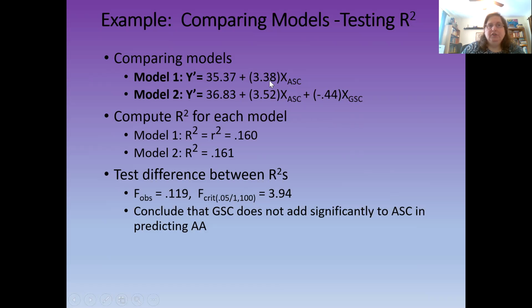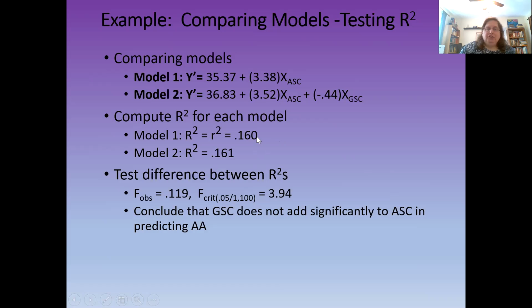Remember these? Well, this is our slope in Model 1. These are our slopes, 3.52 and negative 0.44 in Model 2. So we're going to compute the R-squared for each model. 0.160 if we just include ASC. 0.161 if we include ASC and GSC.